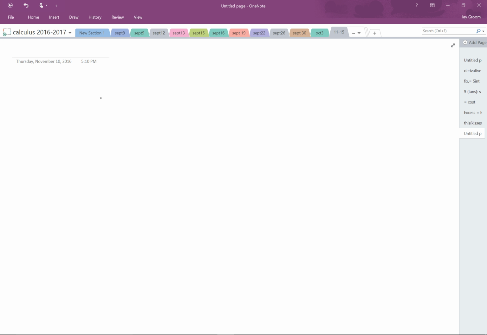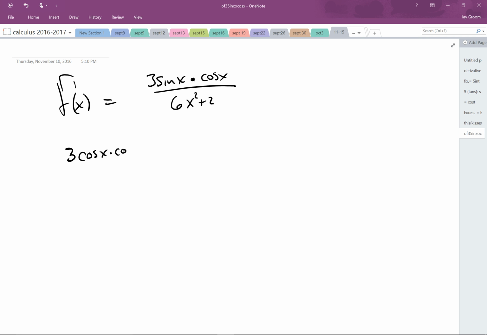You might see this fella. Hey, let's take the derivative of this guy. So the derivative of the top, well, to do the derivative of the top, I'm going to have to use the product rule. So it's going to be 3 cosine x times cosine x plus the first times the derivative of the second, right?